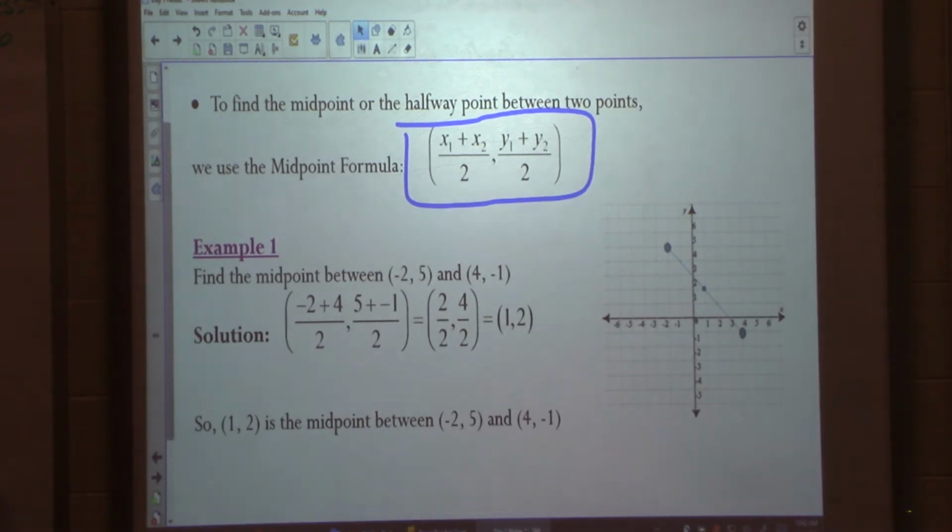Example. I was like, what are you doing? What are we doing? We're doing example 1. It's not example 1. Well, there's example 1. Yes, it's updated.